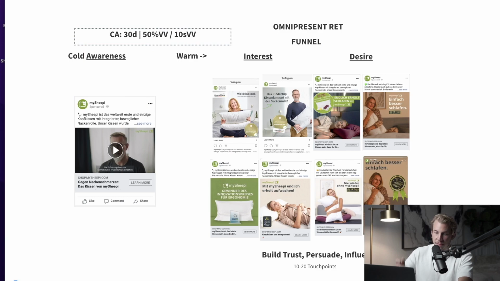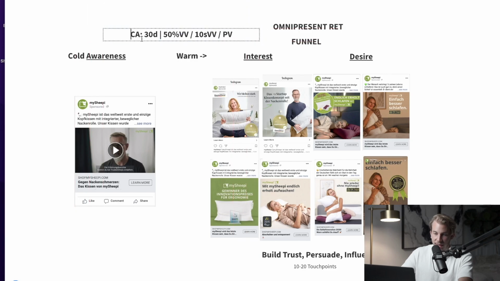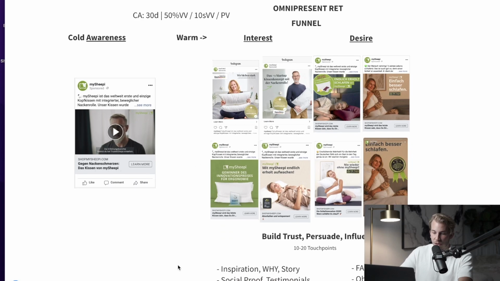So this would be a 50% video view, a 10-second video view, and any page view. And whenever some of these events are done by any customer, they get put into this custom audience, and this custom audience is then used for all the retargeting.